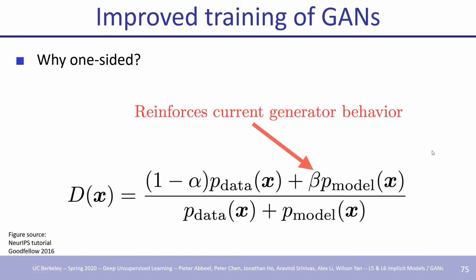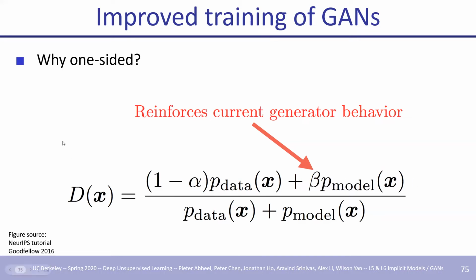So if you remember, this was our optimal discriminator. If we start adding the model also there with beta, and this is the generated data, so P model is the one that creates X from Z. If it's here in the numerator, then this can cause a problem. Suppose we're not using data, we're using model, then the discriminator can also learn this part.